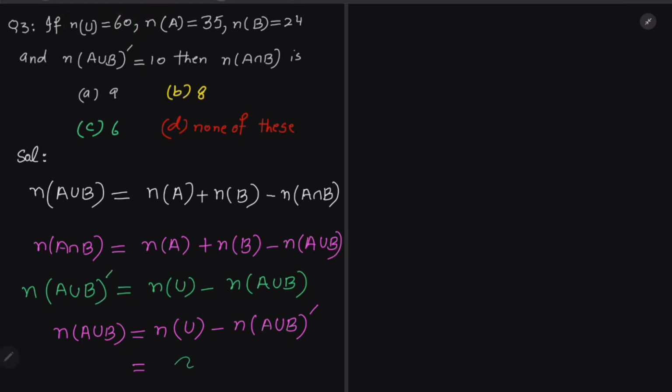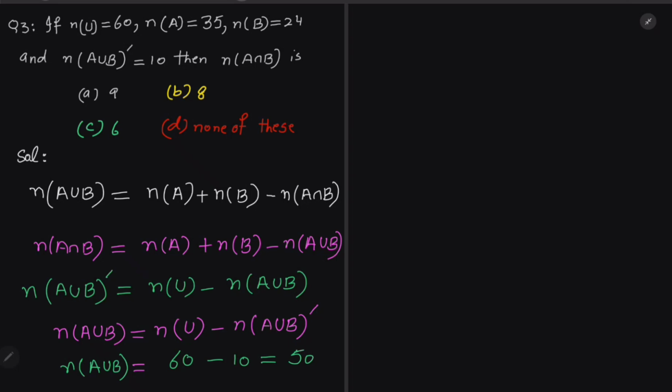So this is equal to 60 minus the number of elements in (A union B) prime, which is 10. The number of elements in A union B is 50. So n(A union B) is equal to 50.